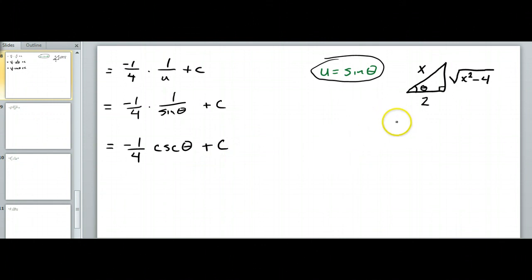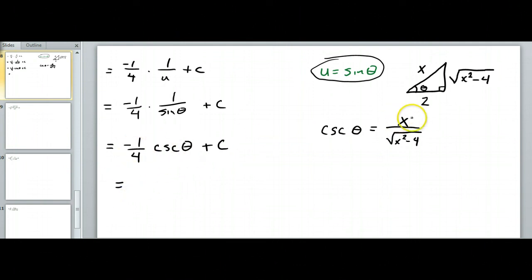And then the cosecant is defined to be, according to this triangle, hypotenuse over opposite. So that means this would be negative x over the square root of x squared minus 4.